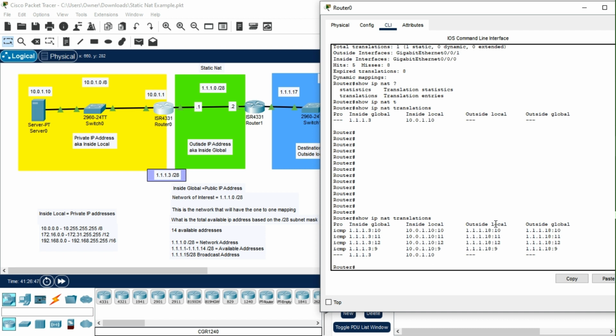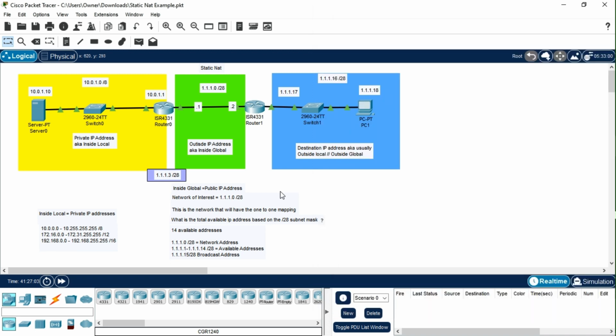And look, you have your outside local, you have your outside global, you have your inside local, and you have your inside global. That should give you a better idea of how static NAT works. In the next video, we're going to go straight into our configurations. So let's leave that there. Hopefully that explains the situation and we'll go from there.